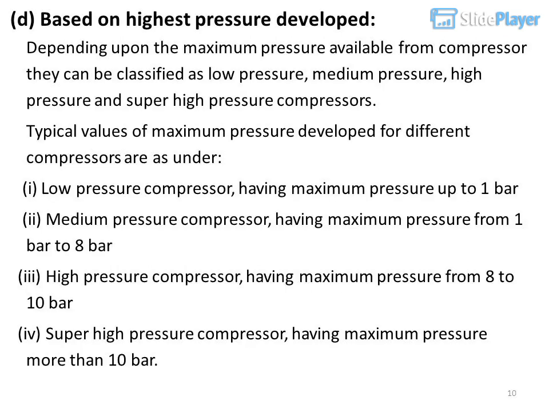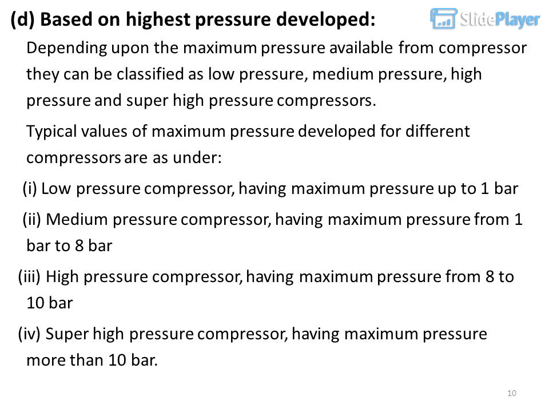D. Based on highest pressure developed. Depending upon the maximum pressure available from the compressor, they can be classified as low pressure, medium pressure, high pressure and super high pressure compressors. Typical values of maximum pressure developed for different compressors are as under. 1.